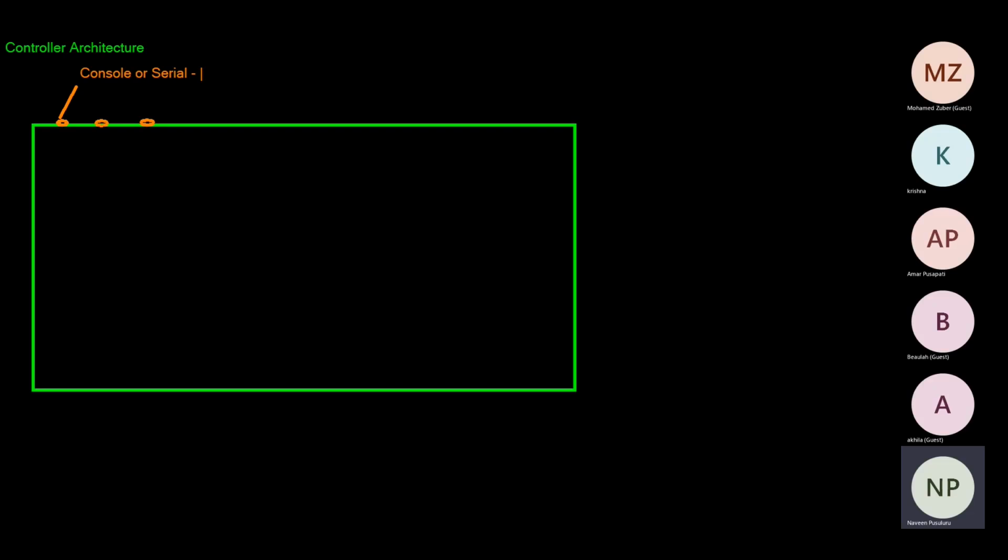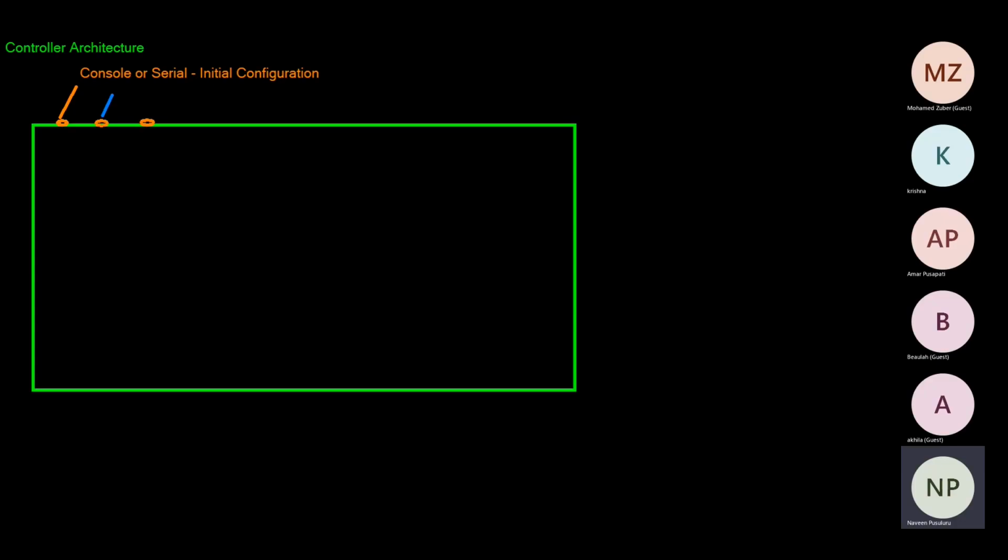Generally, we don't use the console or serial port frequently. This is only for initial configuration purposes. After that, we don't need to connect to the console port. Mostly the console or serial port is for initial configuration only.